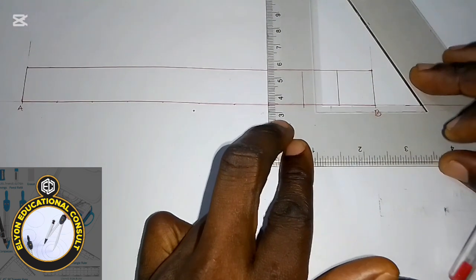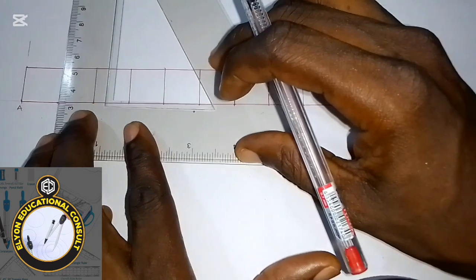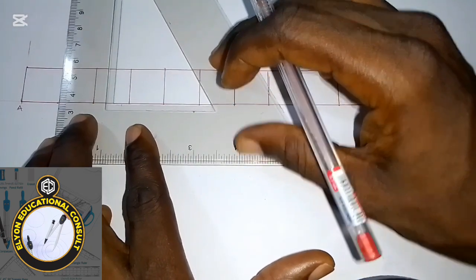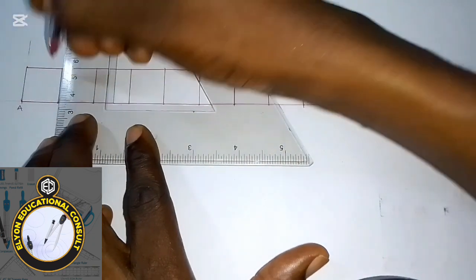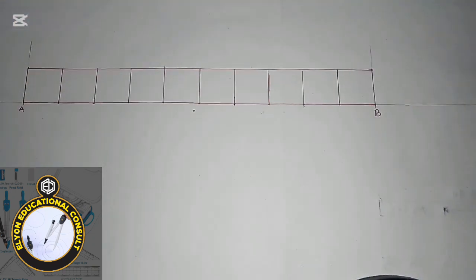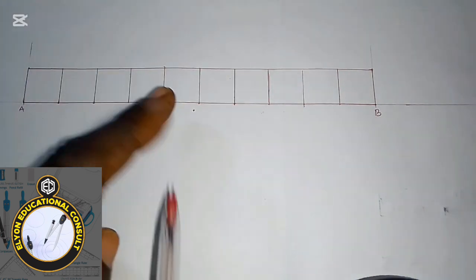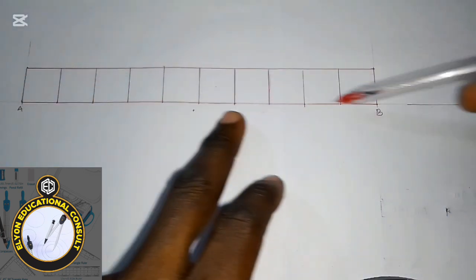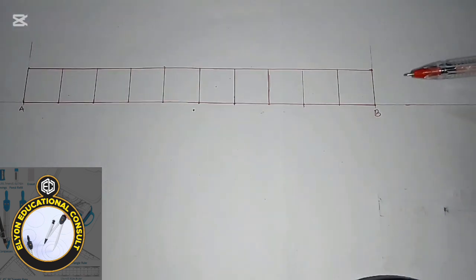Then finally we have this. So you see now, it means that each of these divisions is 1 decimeter, and we have 10. So the 10 of these divisions equals 1 meter.